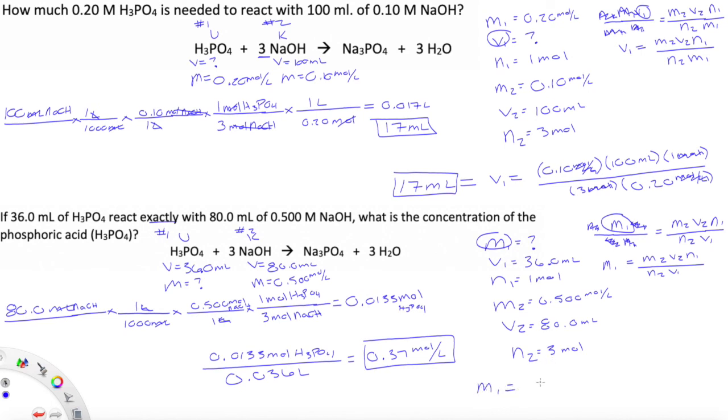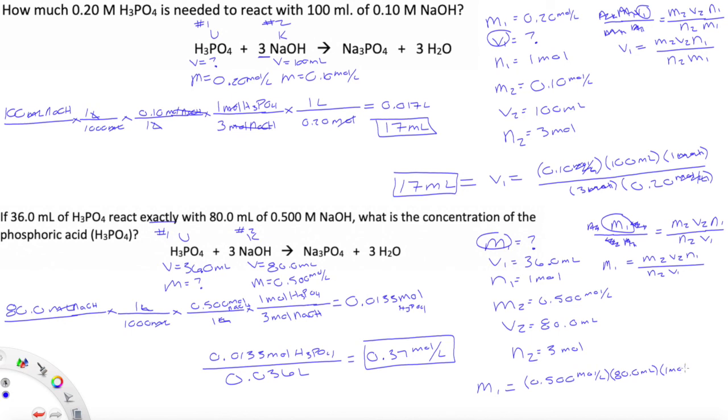M1 equals, all right, so M2 is 0.500 moles per liter. V2 is 80.0 milliliters. N1 is 1 mole.